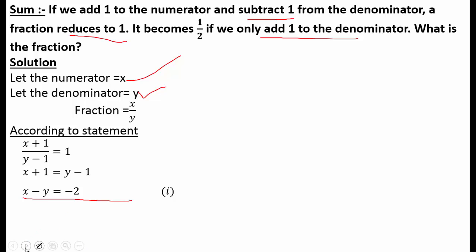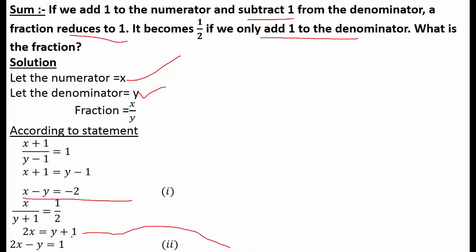Now according to the second condition, it becomes half if we only add 1 to the denominator. Now the numerator is as it is and in the denominator we add 1, then the fraction will become 1 by 2. Again cross multiply, this will become 2x equals y plus 1, and the equation becomes 2x minus y equals 1.